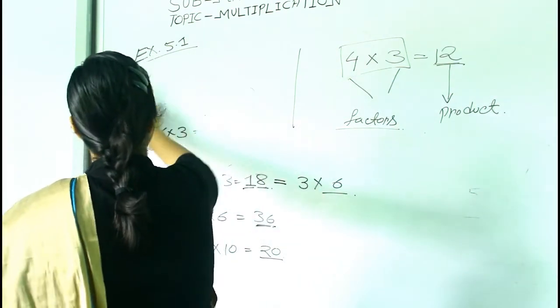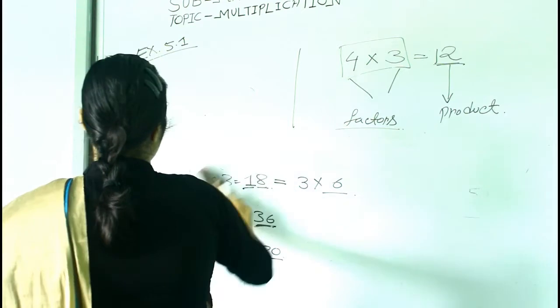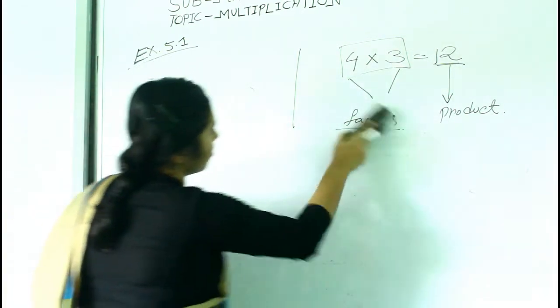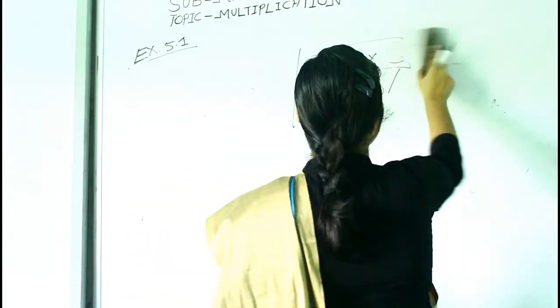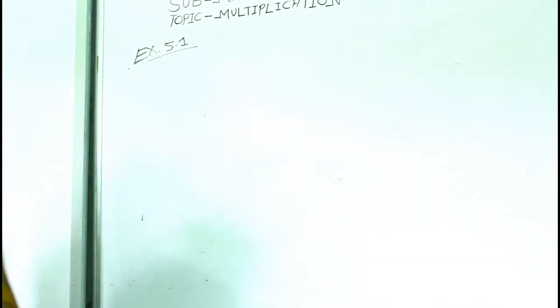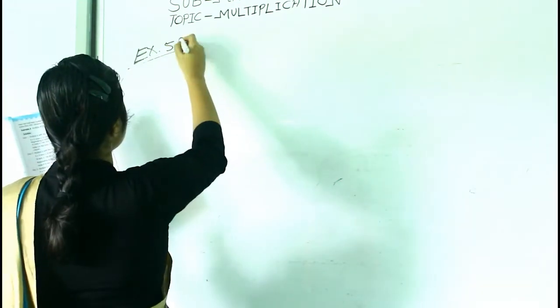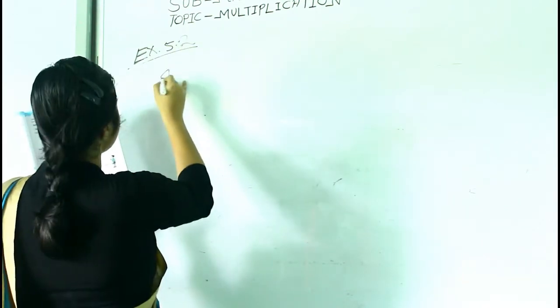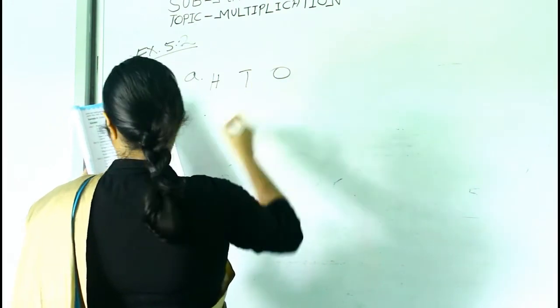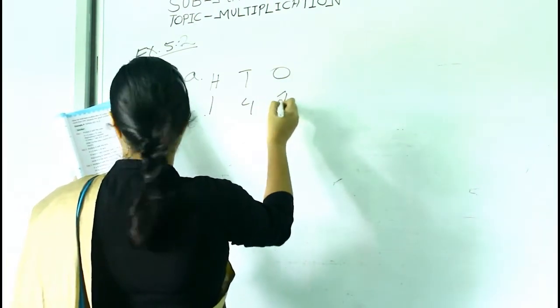Next, we will learn the multiplication of 3-digit numbers. First question A. 141.